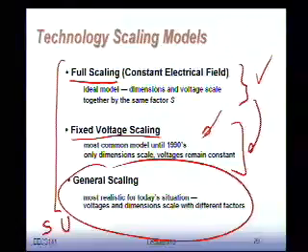If S is equal to U, then I get full scaling. If U is equal to 1, I get fixed voltage scaling. So by using that generalized scaling model, I can cover all the other cases as well, just by choosing the relationship between S and U.